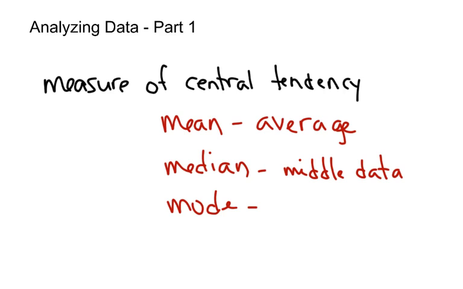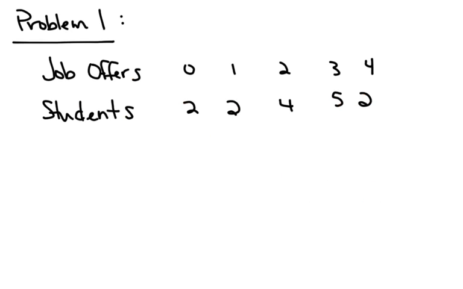The mode was the most frequently occurring value. And in order to have a mode, something has to occur more than once. You can have more than one mode. You could have one mode. It kind of depends on what value occurs most often.